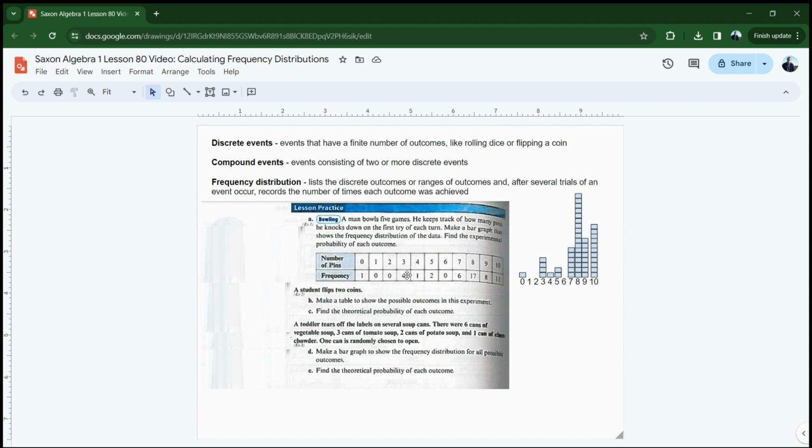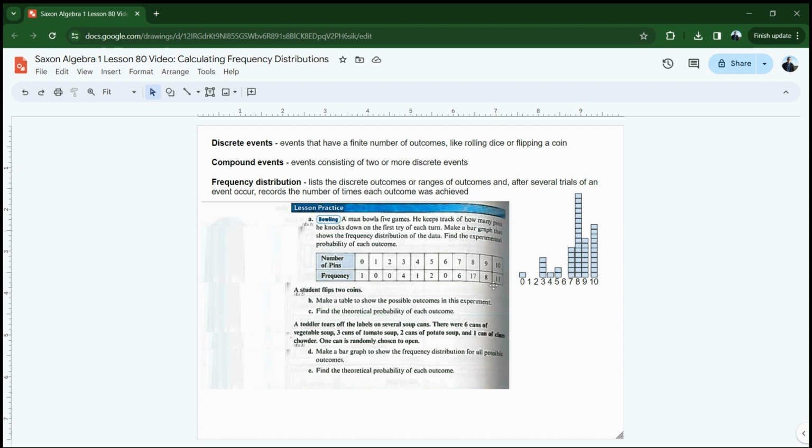That should give me the total number of all outcomes. 1 plus 4 is 5, 6, 7, 8 plus 6 is 14. 14 plus 17 is 31. 39. 39 plus 11 is 50. So there were 50 total trials. The man bowls 5 games. That makes sense. 10 frames per game, 50 total trials for the first number of pins knocked down per frame. Okay, so that makes sense.